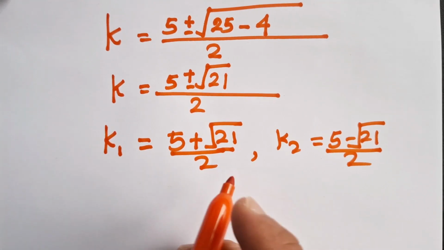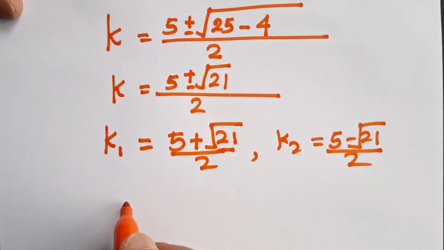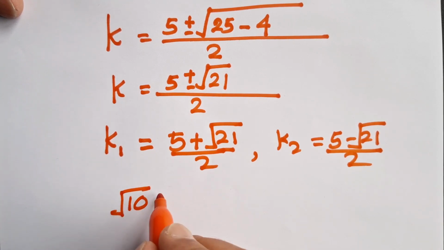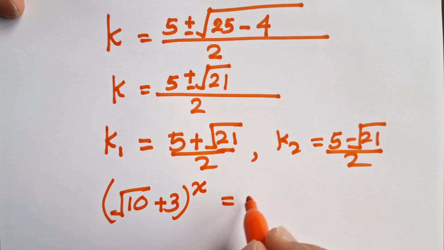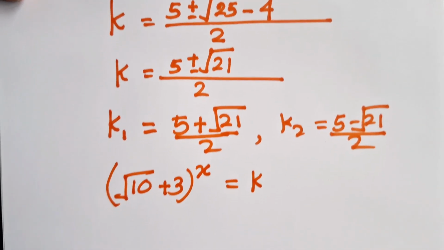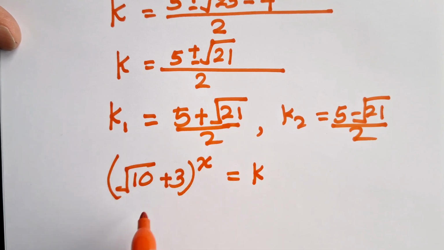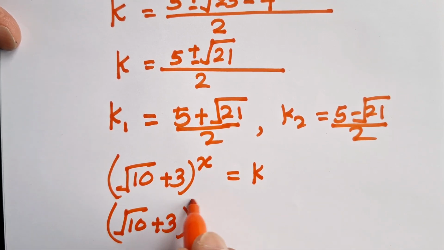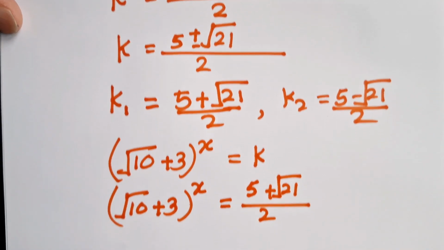Now I can substitute these values for k into my initial substitution to find the value for x, which is (square root of 10 plus 3) to the power of x is equal to k. In the first case, with k equal to k1, (square root of 10 plus 3) to the power of x is equal to 5 plus square root of 21 divided by 2.